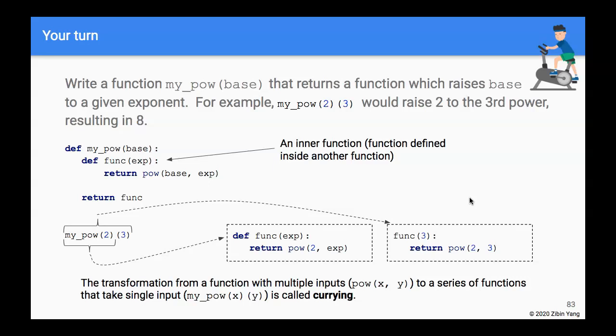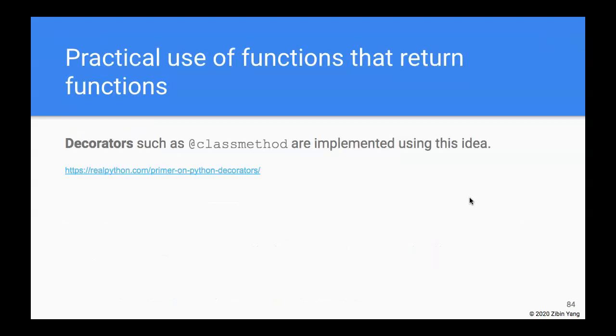So these functions that return other functions as results, other than looking kind of neat and maybe cool or perhaps a little confusing, is there any actual use for them? Well, it turns out, yes, there are. One of the most practical uses of this kind of higher order function is, in fact, decorators, such as the add class method and other decorators that we've been using.